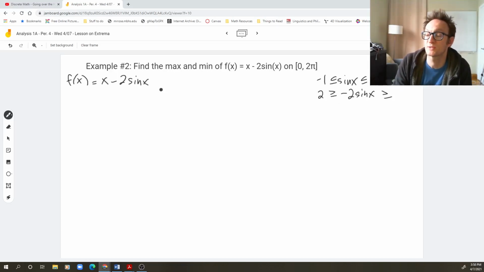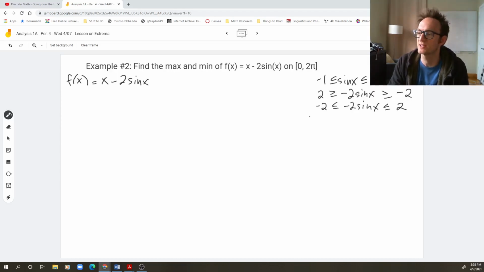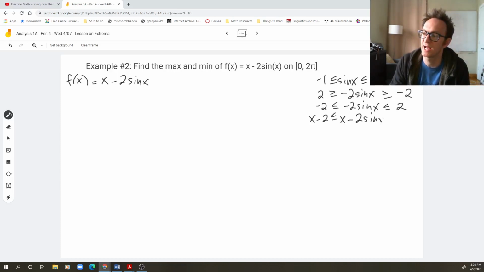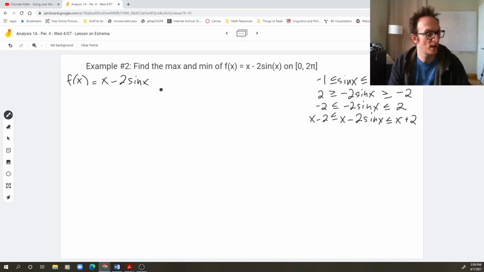Okay, I find this distracting, so let's flip it back, switching them back to be less than signs. Now I'm going to add x to all three sides of this, and I get x minus 2 is less than or equal to x minus 2 sine x, which is less than or equal to x plus 2. Okay, cool.